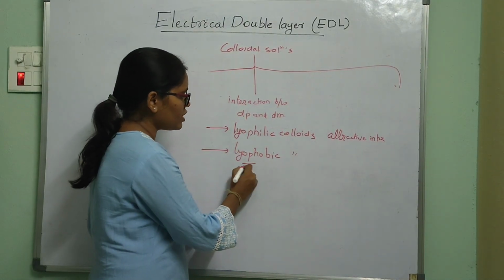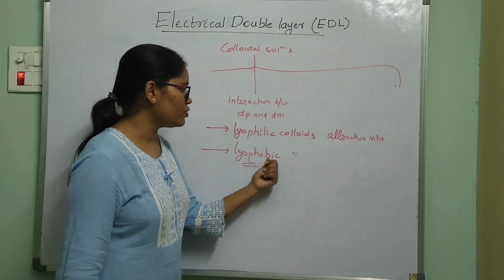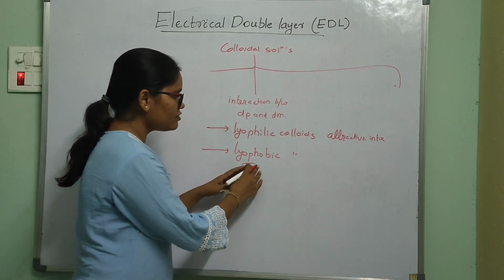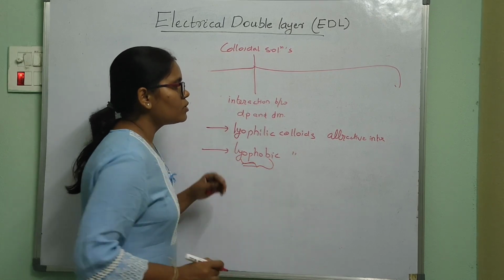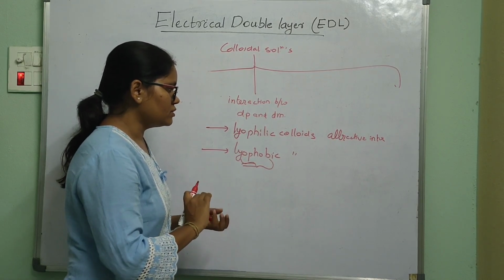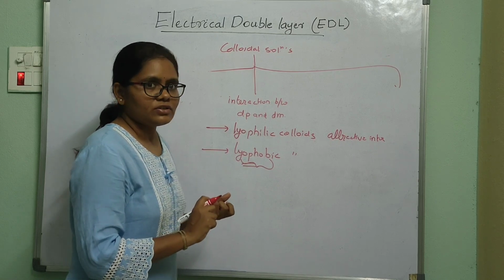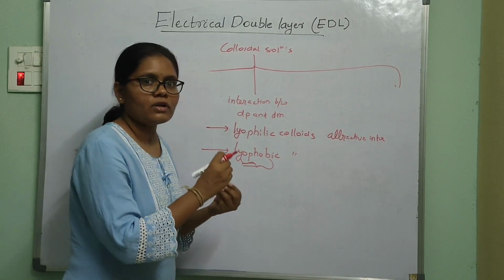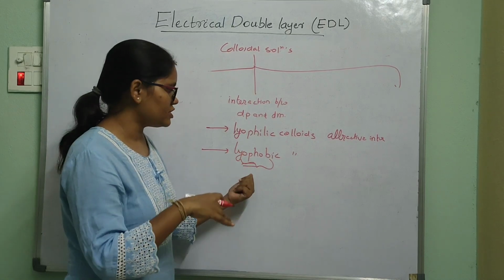But in the case of lyophobic colloids, phobia stands for fear, right? So the colloidal particles have some kind of fear towards the solvent. They do not like to dissolve or disperse into the dispersion medium.